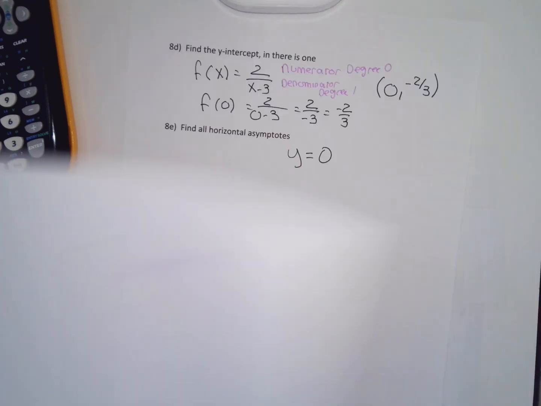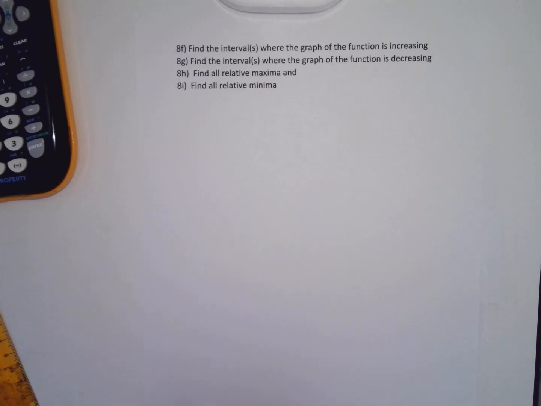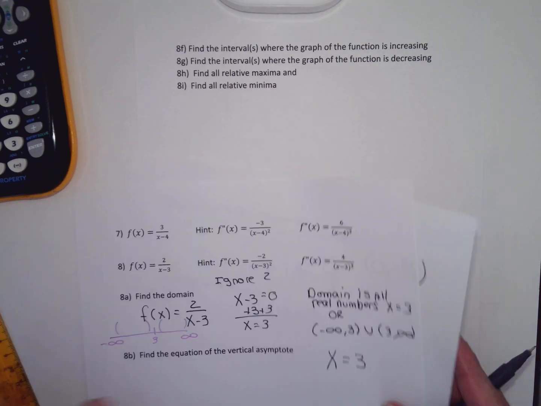All right, now all the calculus stuff: increasing, decreasing, maxes and mins, concave up, concave down, and inflection points. These are nice because they don't have much of anything. So let me steal from problem 8 what I wrote here.